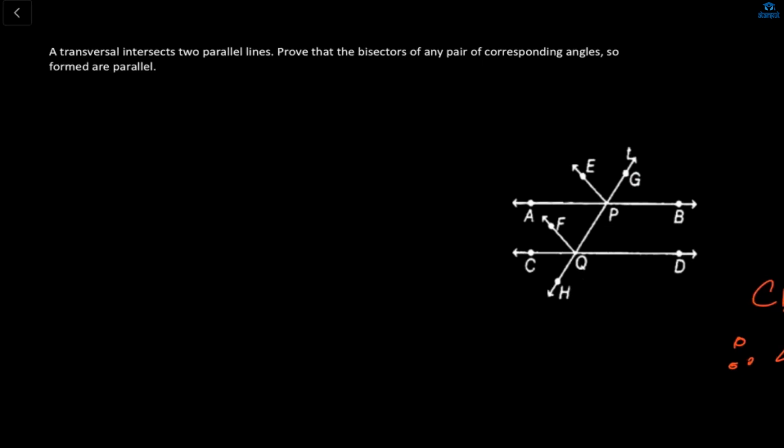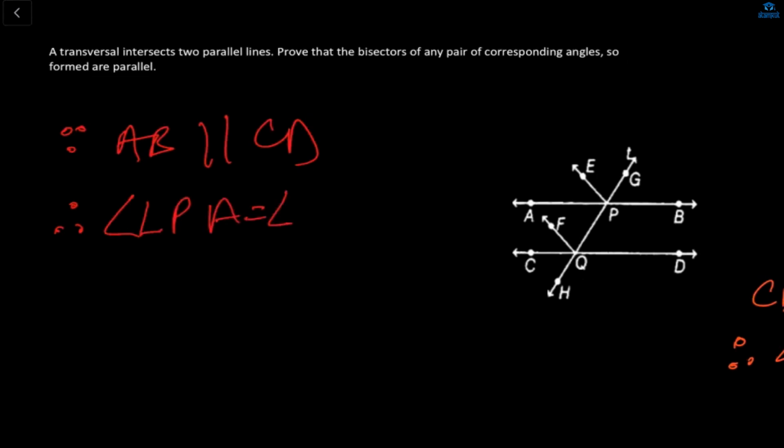Since AB is parallel to CD and a transversal is passing, therefore angle LPA is equal to angle PQC, corresponding angles.